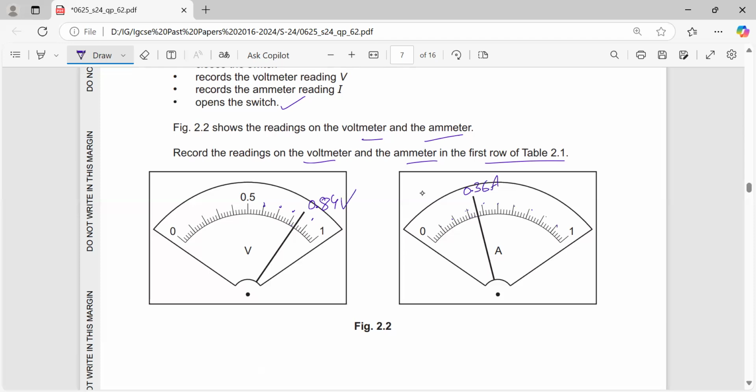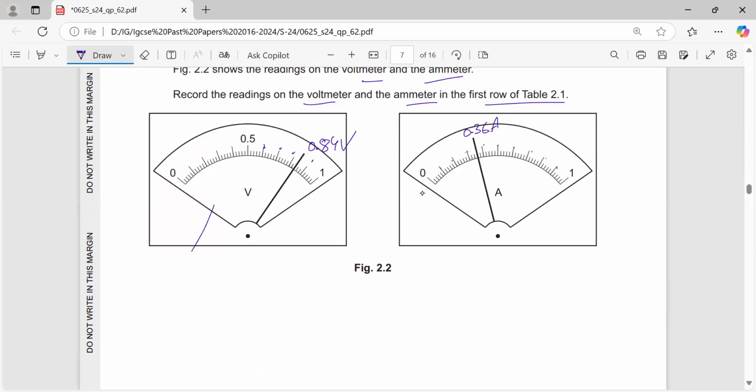If anybody did not understand, you can ask me. Okay, no problem. See, 0.1 minus 0 is 0.1, divided by, not 2, divided by 5, sorry, 0.02. Why 5? Because 1, 2, 3, 4, 5 divisions are there. So 0.02 volts.